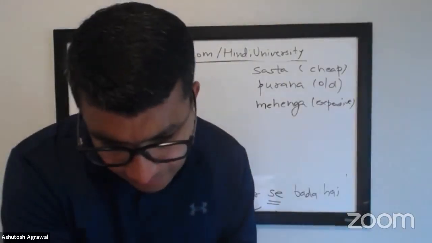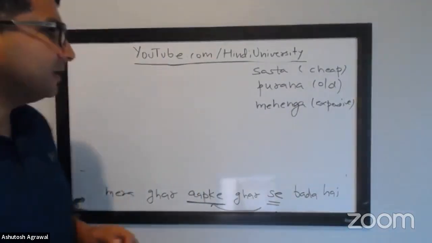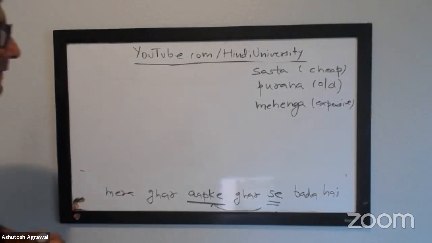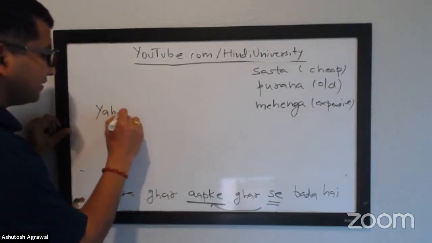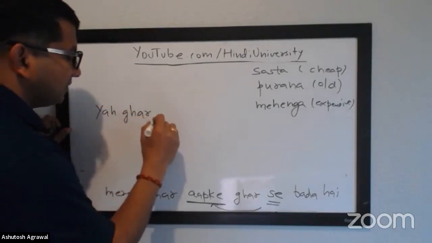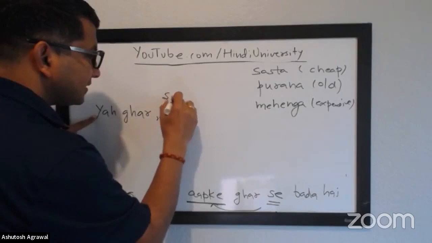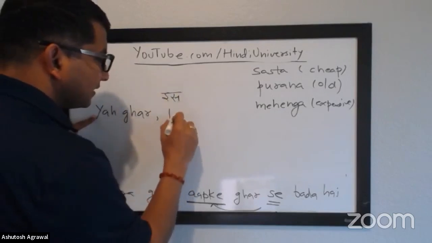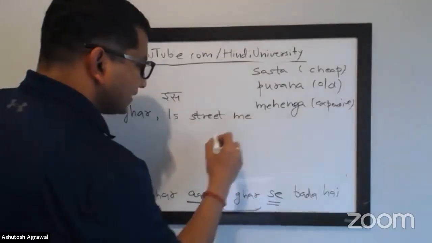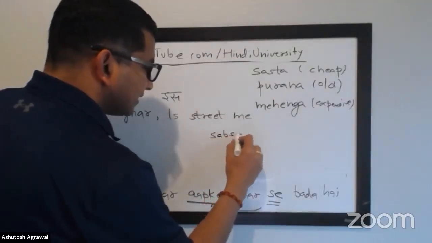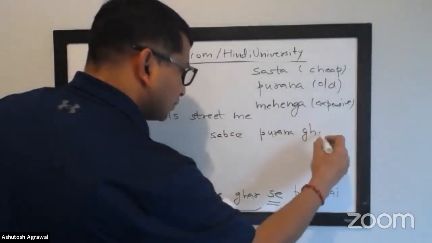Okay, let's see. I'm going to ask Palani ji. You've not tried before, so why don't you go? ये घर इस स्ट्रीट में सबसे पुराना है. And then you're saying इस. इस स्ट्रीट में. सबसे पुराना, पुरानी, I'm not sure, पुरानी घर है.